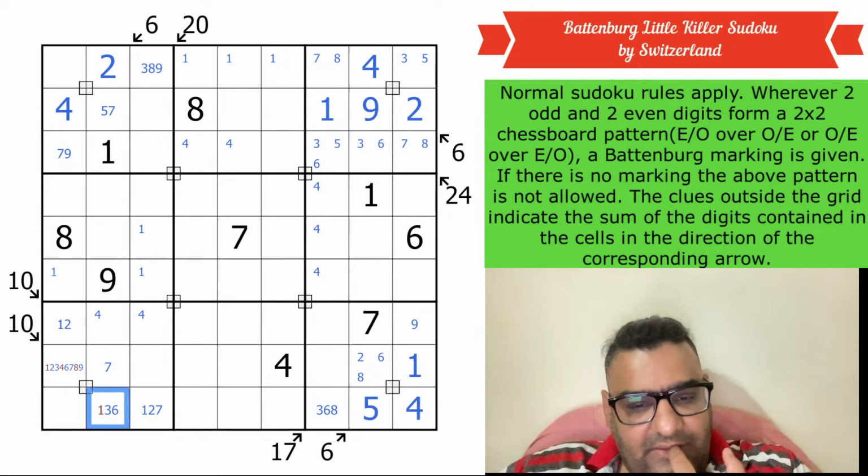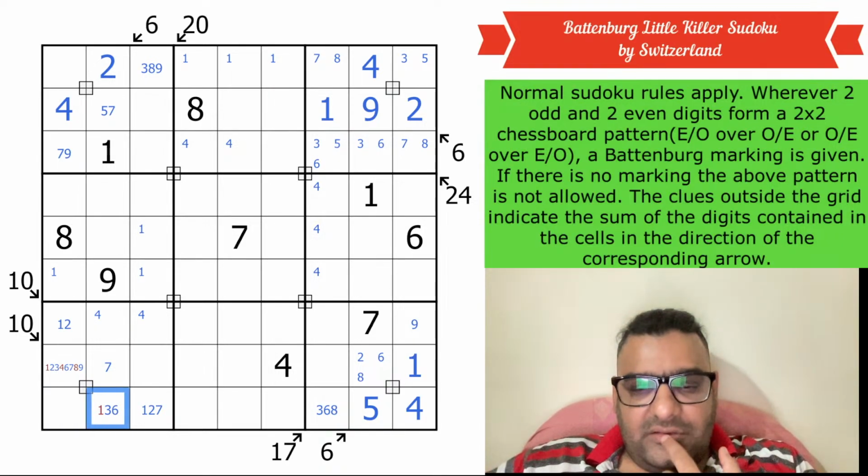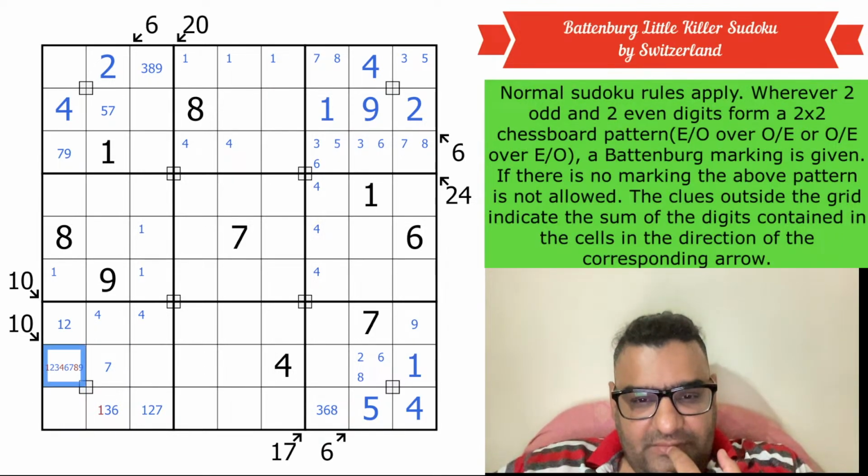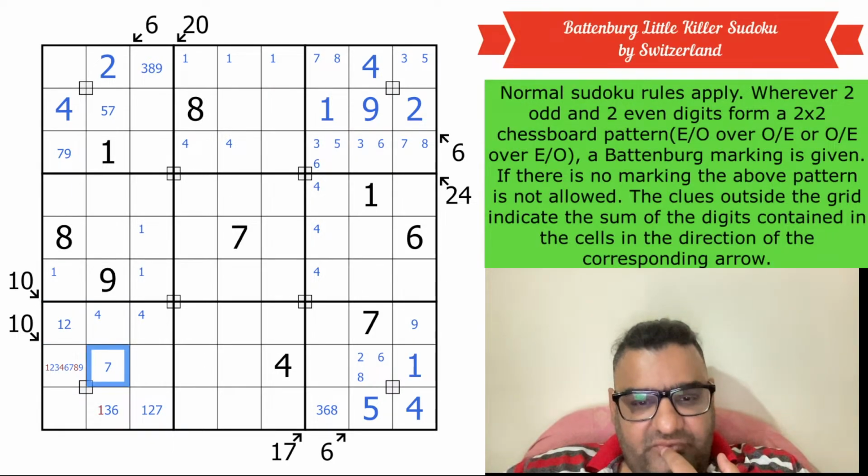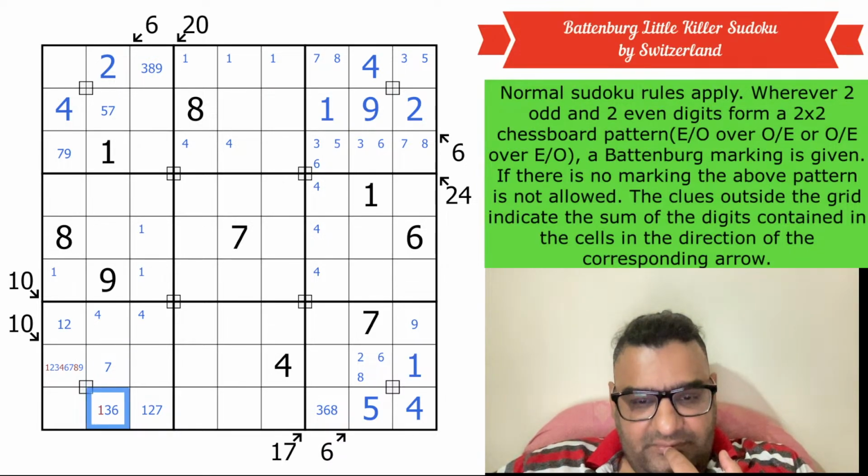1 and 3 are odd and 6 is even. So we know 1 is not there, not here.